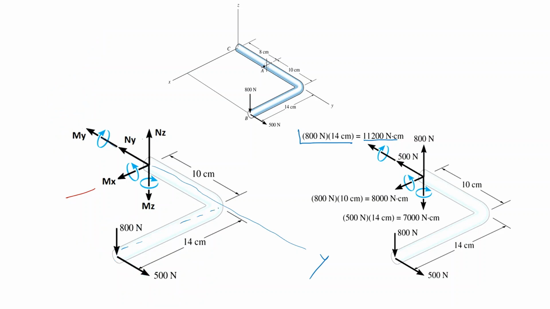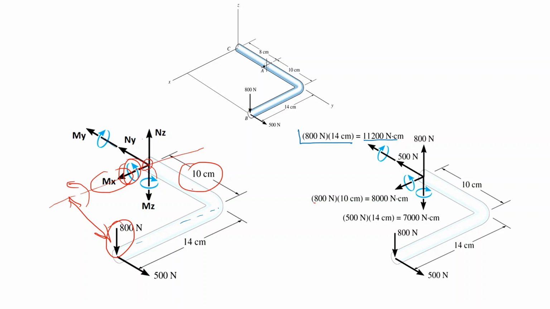So that was My, and now when we come to Mx, this is the bending of this section around the X direction, which is Mx, should be equal to the moment created by these 800 times 10. So 800 times 10 centimeters gives you your Mx value. Well, what about Mz? This is your axis now.